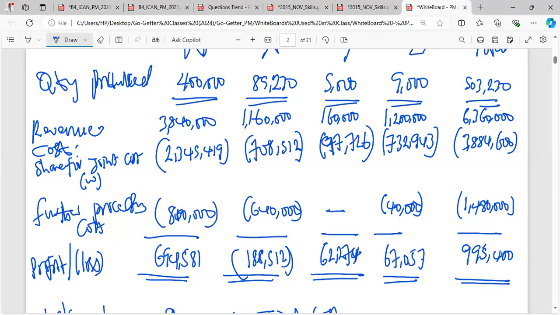Let's see if our figures were correct. I have these. Let me move from right to left.